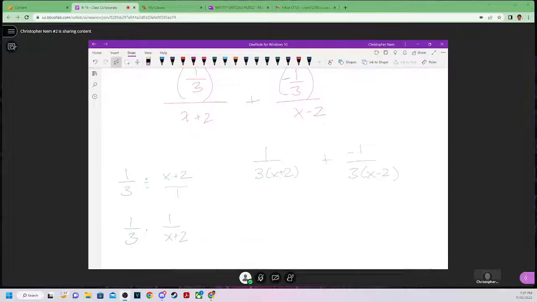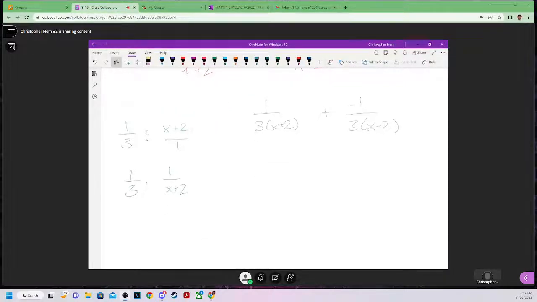Or multiply by its reciprocal, is like what I like to say. So this would be the simplified version right here. Or you can rewrite this as 1 over 3x plus 2 minus 1 over 3x minus 2. If you don't like dealing with the negatives, you can just turn the addition to subtraction. We've talked about that. I like it as addition, but sometimes you might see it in this second form right here. So that's giving you a heads up.